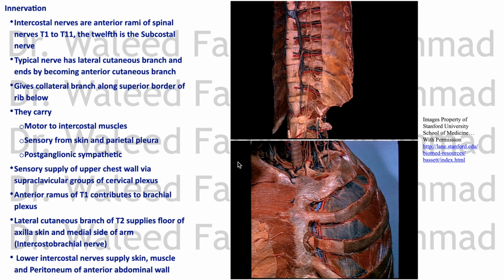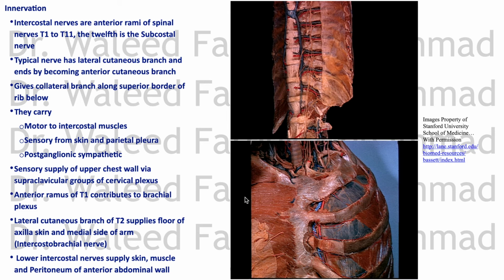And also remember that T1, which we mentioned in the neck as a part of the brachial plexus, is the same root that gives the T1 nerve for the first intercostal space.